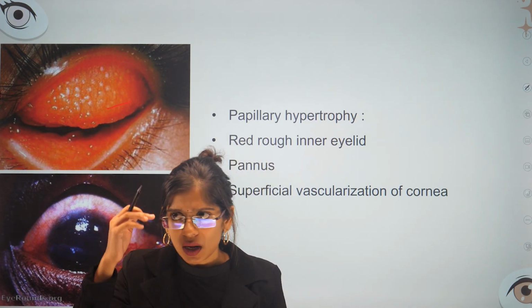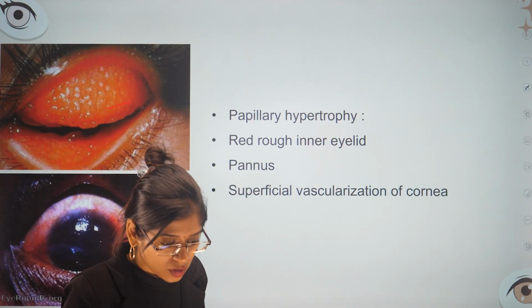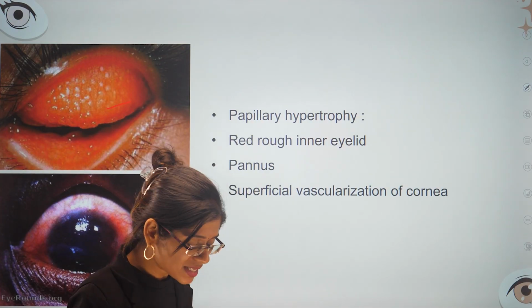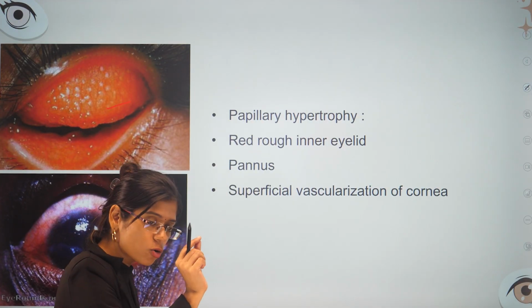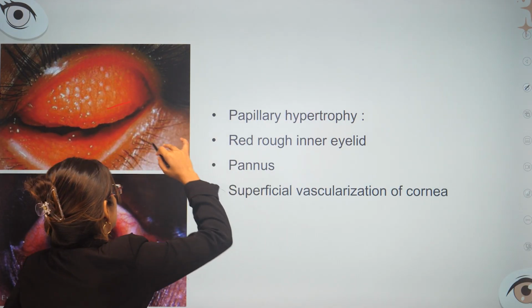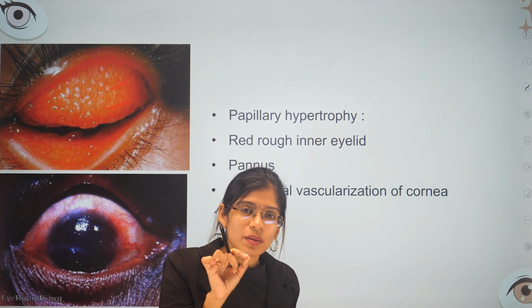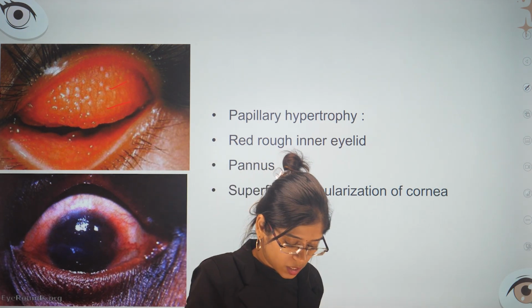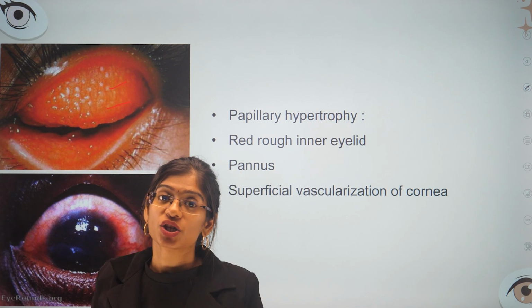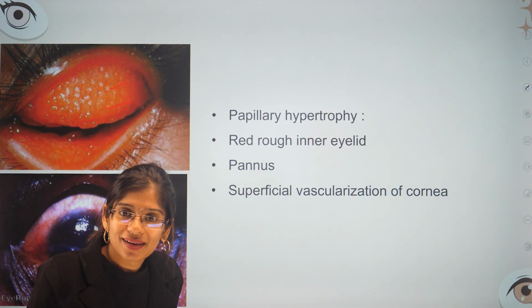What are papillae? We have discussed it. In our upper palpebral conjunctiva we have papillae. It is basically the core of the tiny blood vessels. So what are papillae, guys?